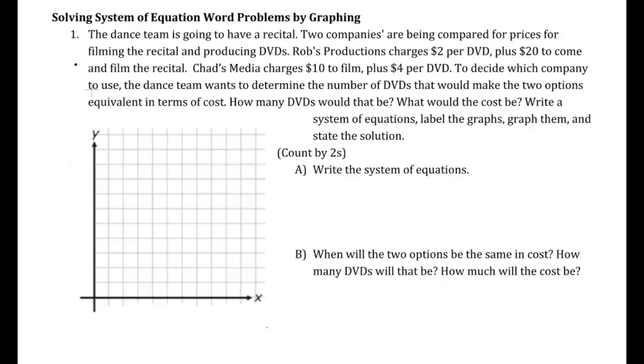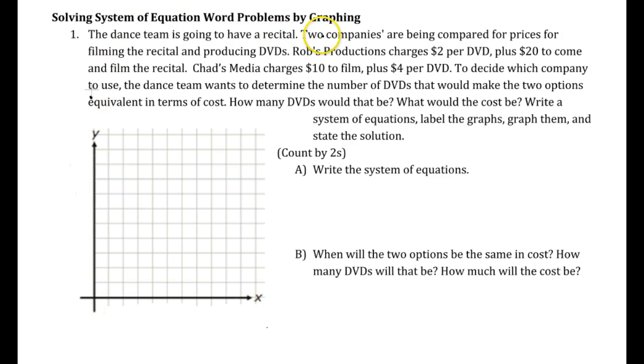We want to know that. So one's going to be cheaper for a while, but then at some point that cheaper one becomes more expensive. We want to know exactly where that point is so that I could change companies or only rent a certain amount of DVDs and not spend more money than I have to.